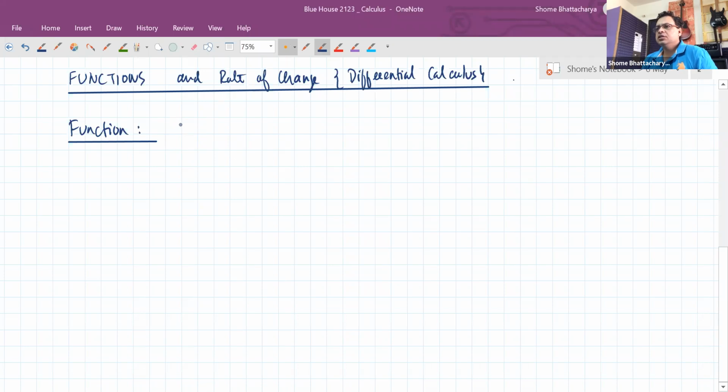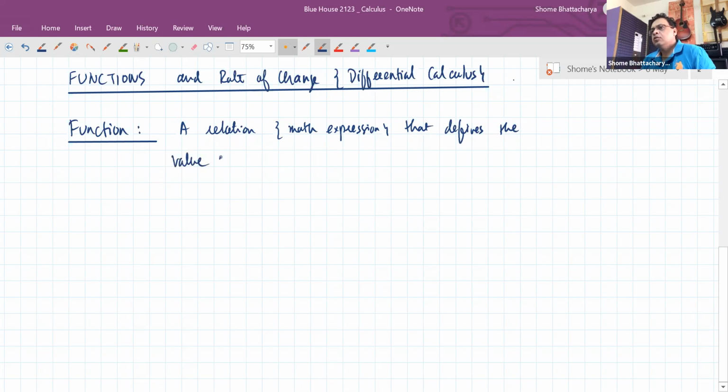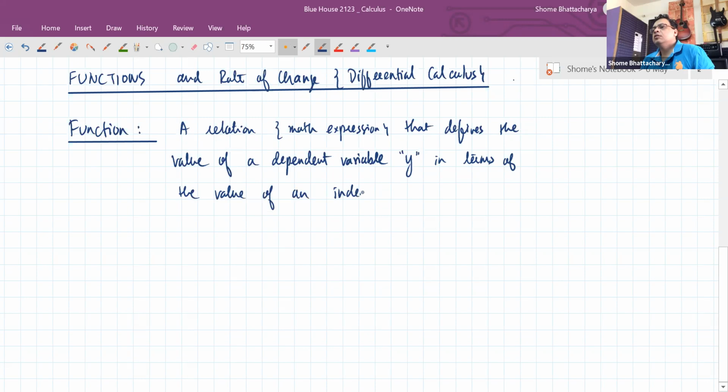So a function is a relationship, you can say, a relation, or we can say it's a maths expression, that defines the value of what we call a dependent variable, and generally we denote that dependent variable with the symbol y, in terms of the value of an independent variable, x.